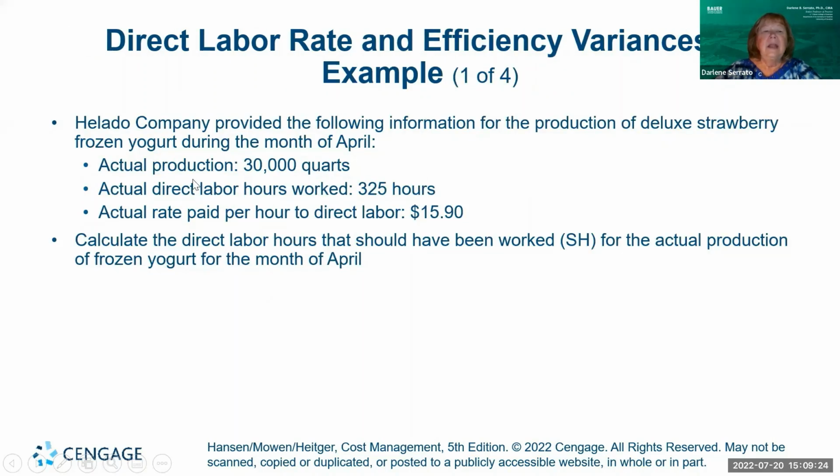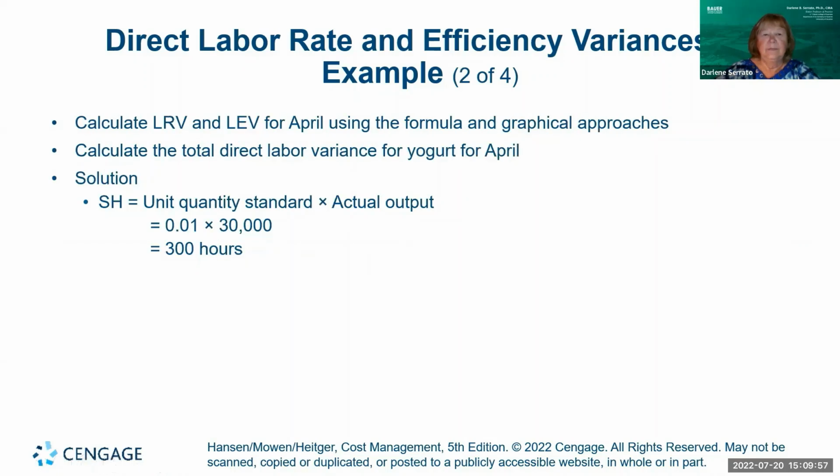So calculating, actual production was 30,000 units. Actual hours were 325 hours. Actual labor rate was $15.90 per hour. So standard usage of hours, standard hours, is the 30,000 quarts times the standard usage per unit, which was 0.01 hours.